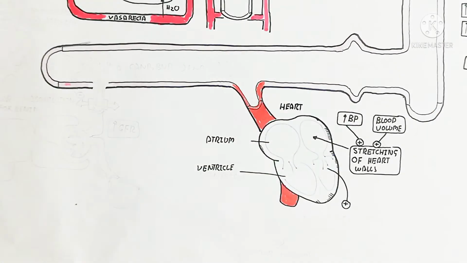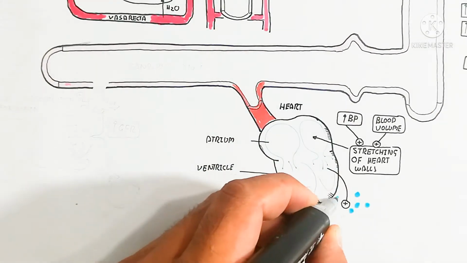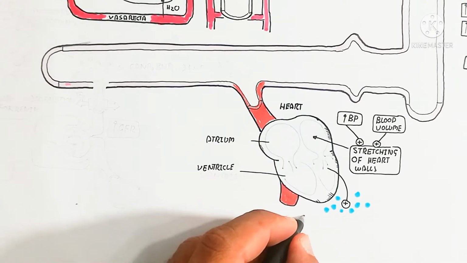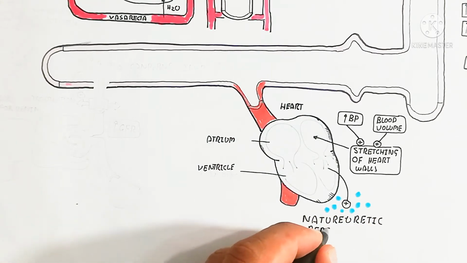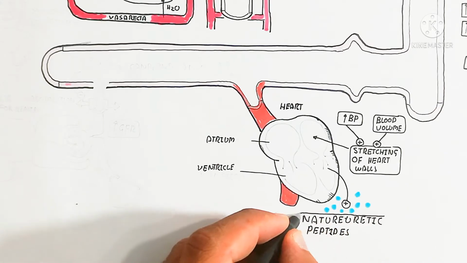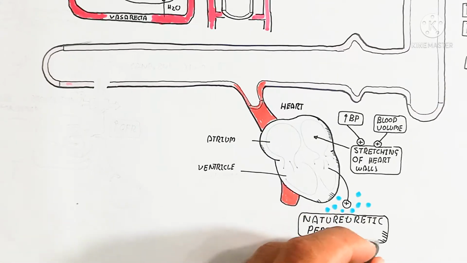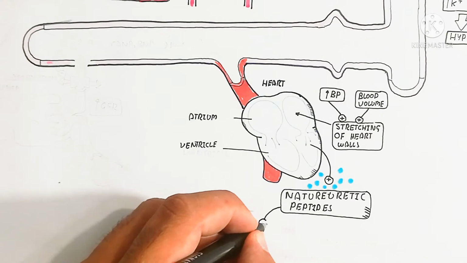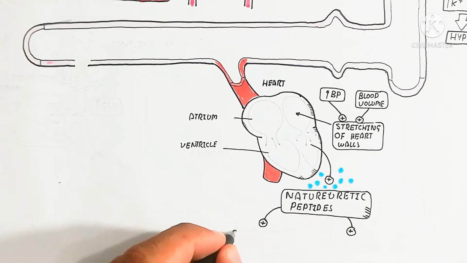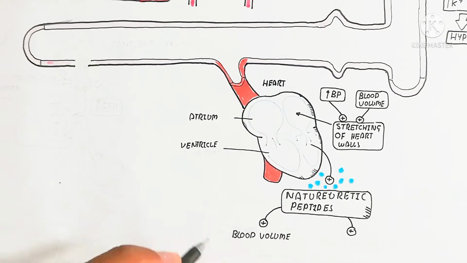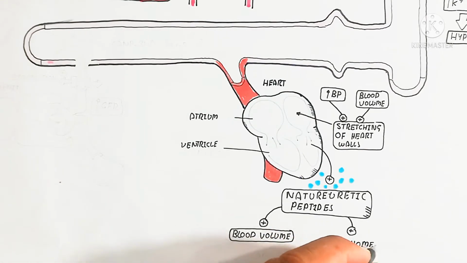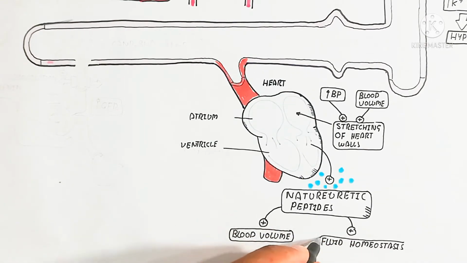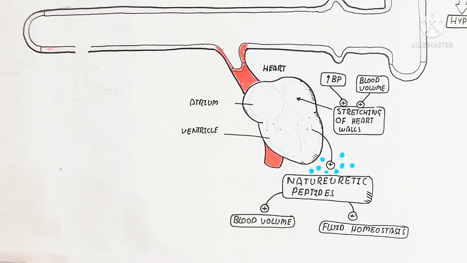This natriuretic peptide will decrease blood volume as well as regulate fluid homeostasis, basically the opposite to antidiuretic hormone and aldosterone. The important thing here is the ventricle and atrium, the wall of the heart, which releases the natriuretic peptide. This will cause vasodilation to decrease the blood pressure.